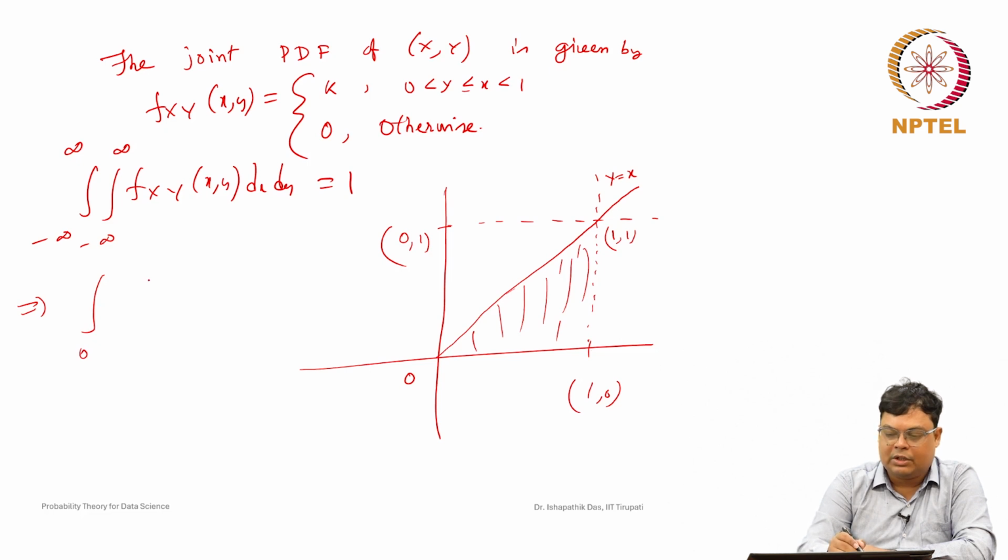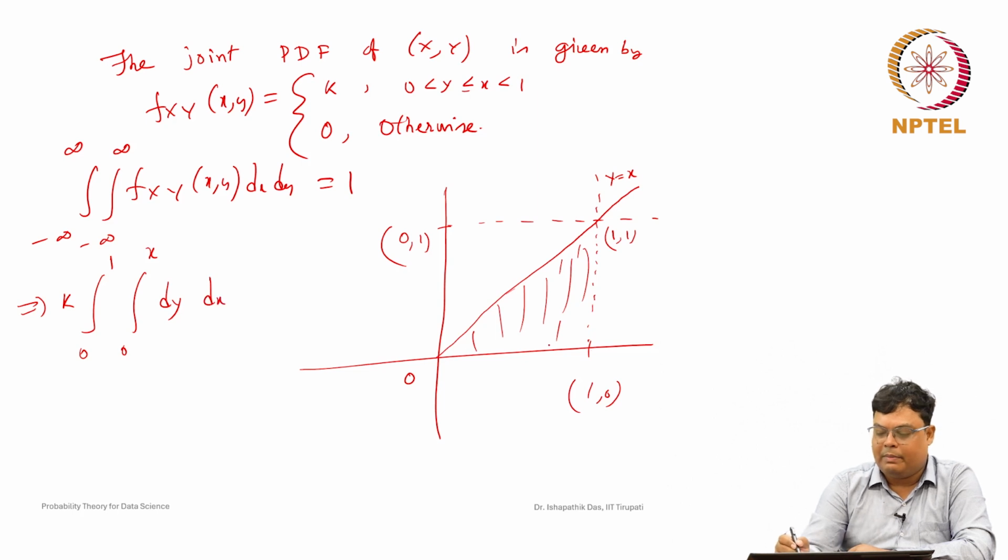If you do the integration of y first, then the limit of y can be written as 0 to x, or you can write it the other way also. This k is a constant, with dy first, and x can go from 0 to 1. So I just want to do the y first.